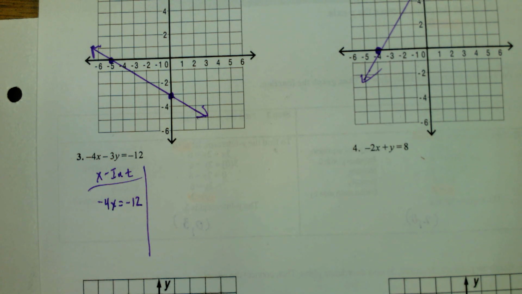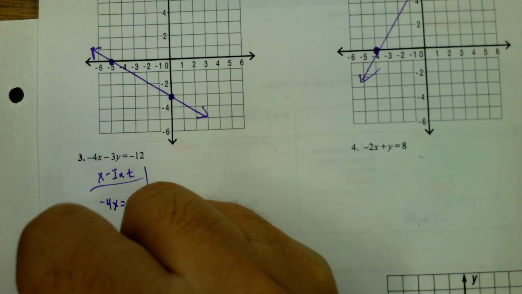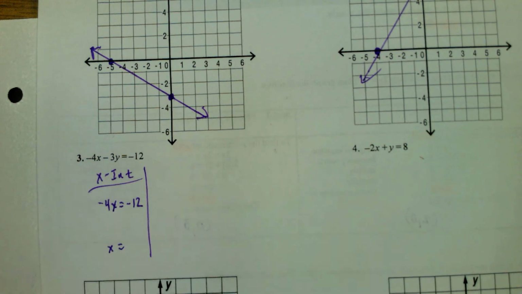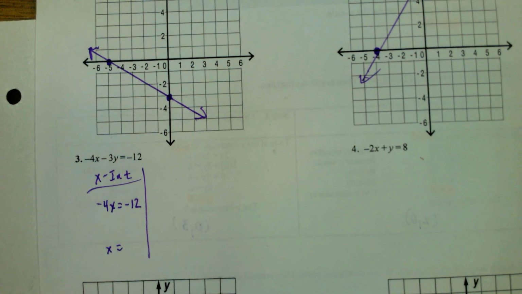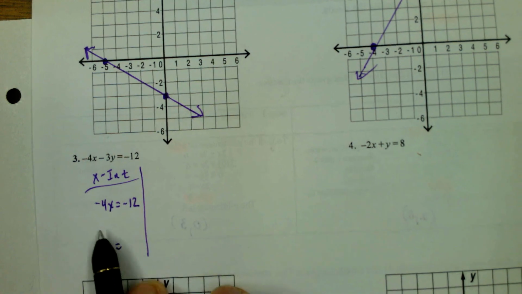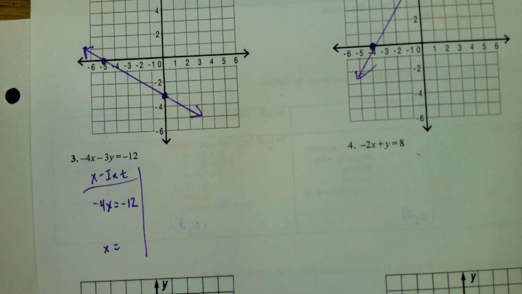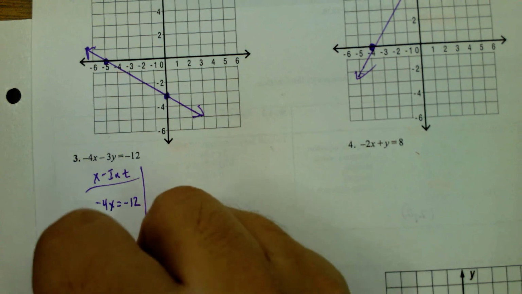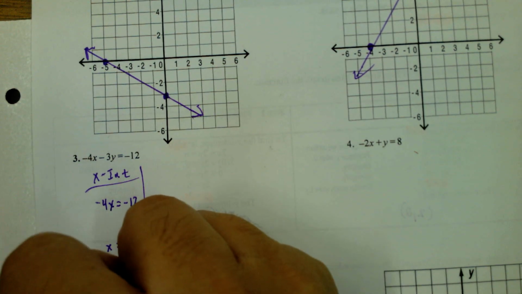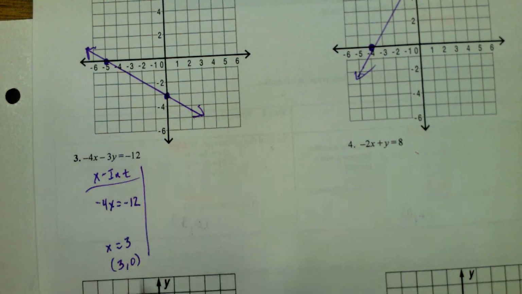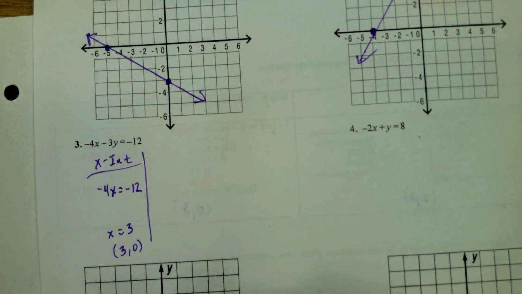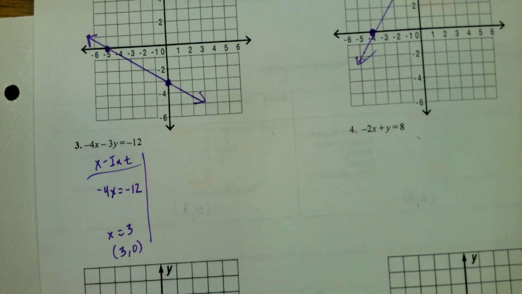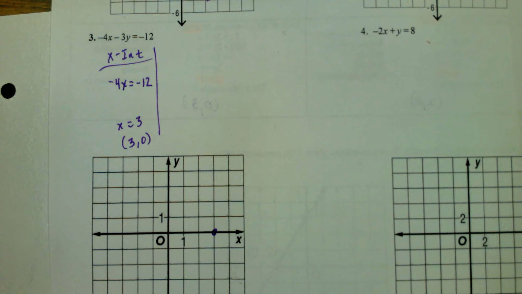Let's figure out what x is going to equal. It involves dividing negative 4 on both sides to solve our equation. So what is x going to be? 3. Again, we're doing negative divided by negative. So 3, 0, 1, 2, 3, right there. Oops. There's 3, 0.